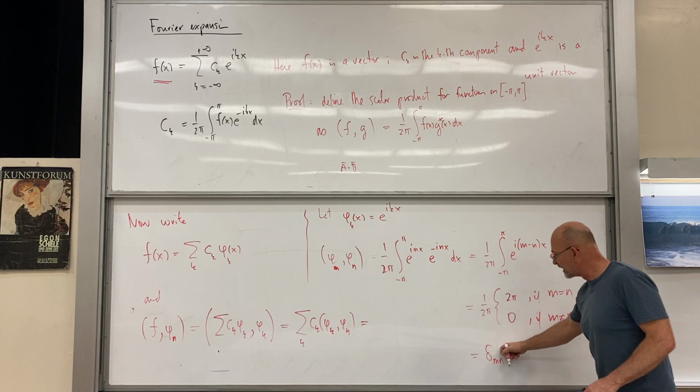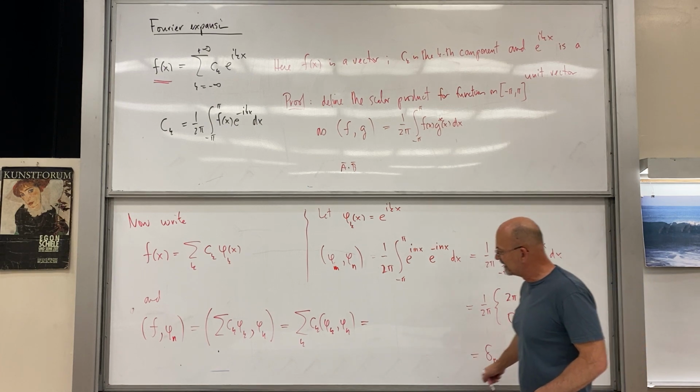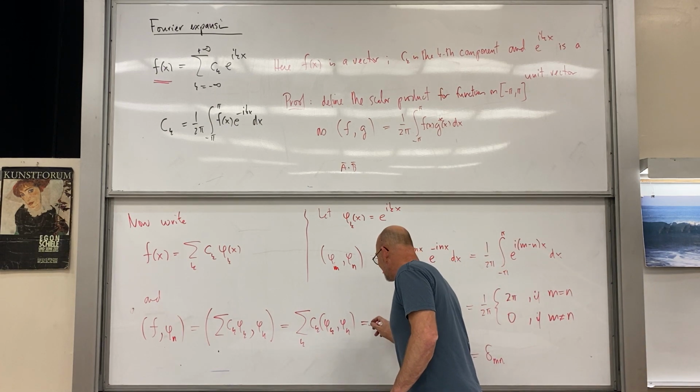Kronecker delta kn summed over k is equal to C sub n.